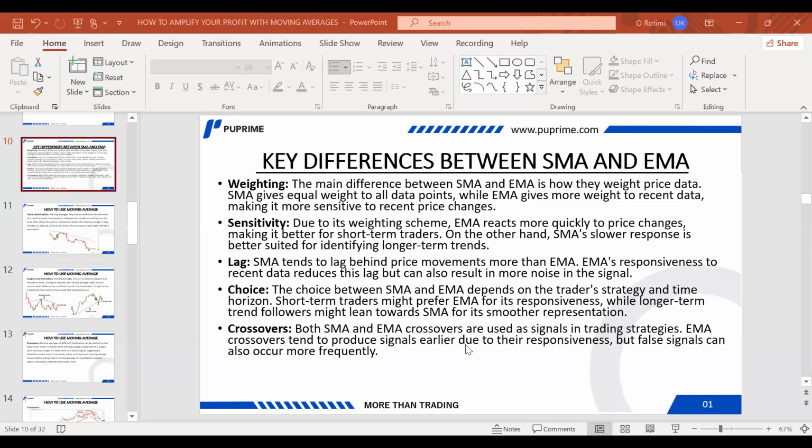So in this little note I just read, you can clearly see that how you use these moving averages depends largely on your trading strategy and the time frame on which you're trading. If you are a day trader or a scalper, then the EMA is the best moving average you can use. And if you are a swing trader or position trader, then the simple moving average is just what you need to trade with.